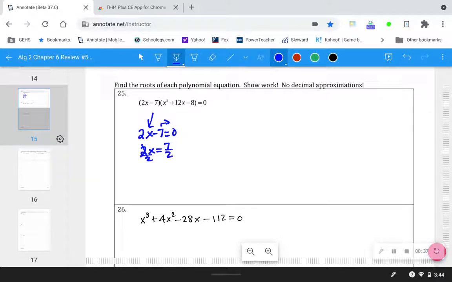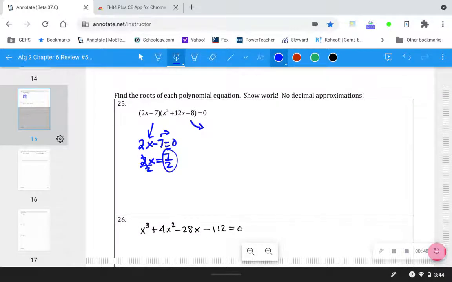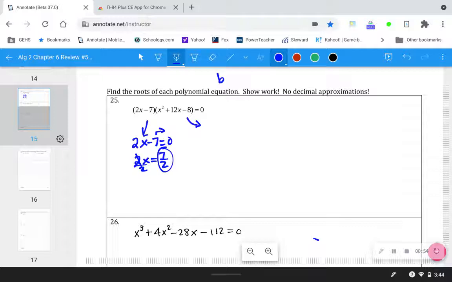You get 7/2. The other part of it, you could try the star on it. It doesn't work. And you can actually tell that ahead of time by doing the discriminant, which is b squared minus 4ac. So let's just do that.